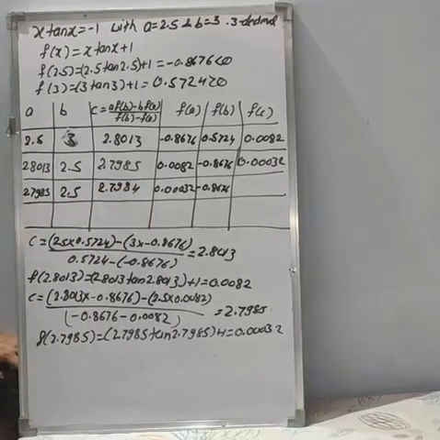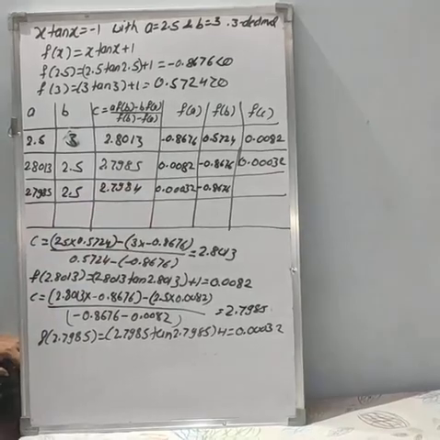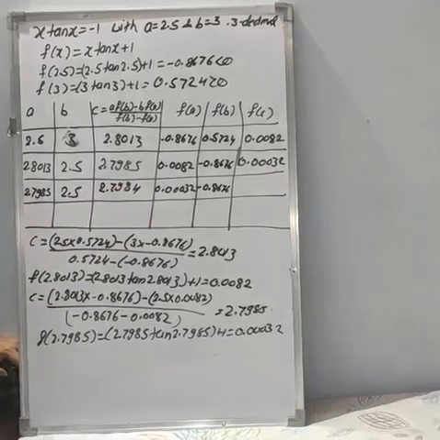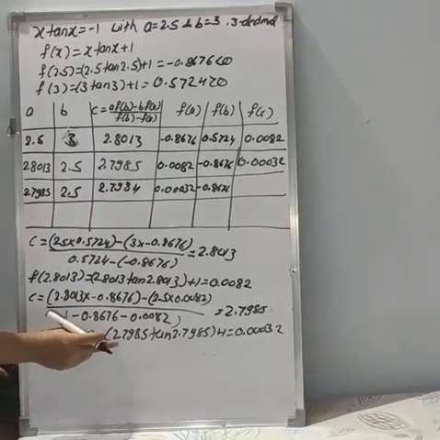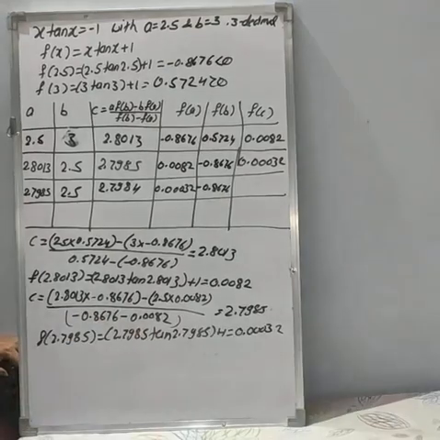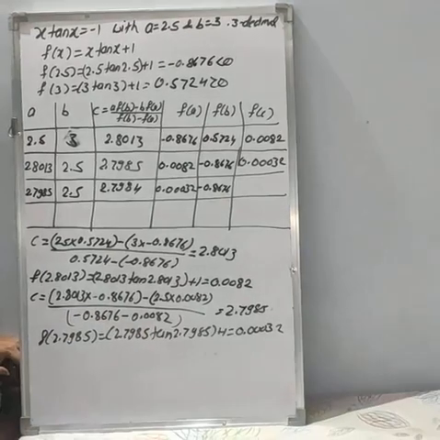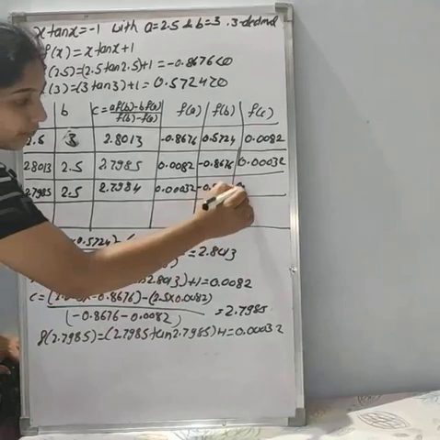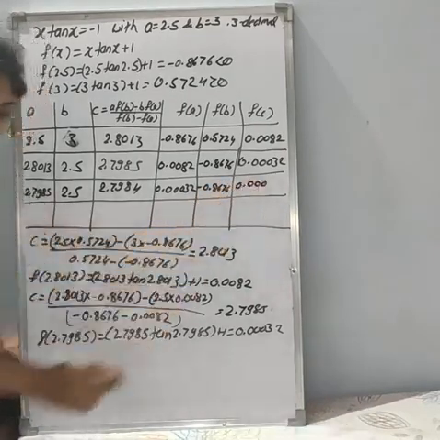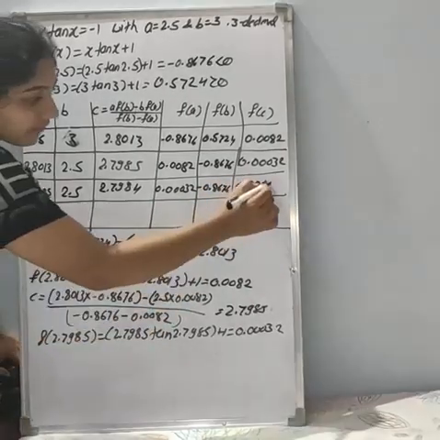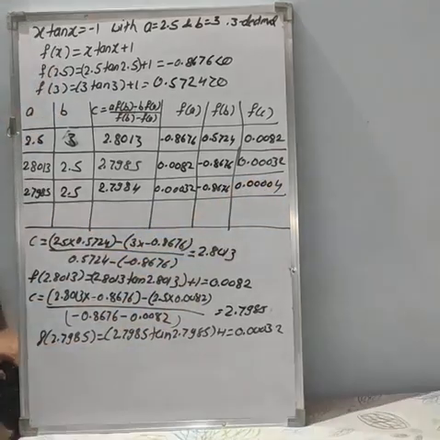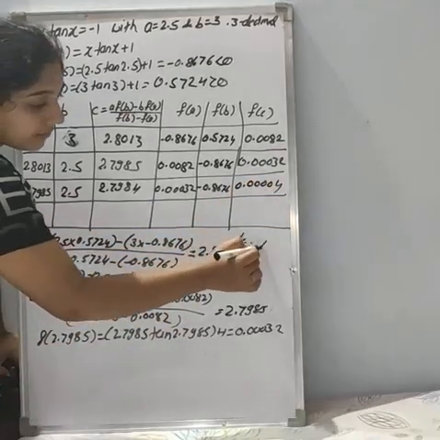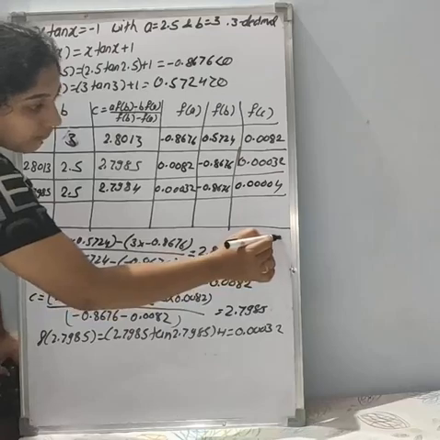You will calculate that and get your answer, 2.7984. Then find f of 2.7984, that is 2.7984 tan 2.7984. You will get your answer as 0.0004, which means 4 point some number into 10 raised to minus 5.